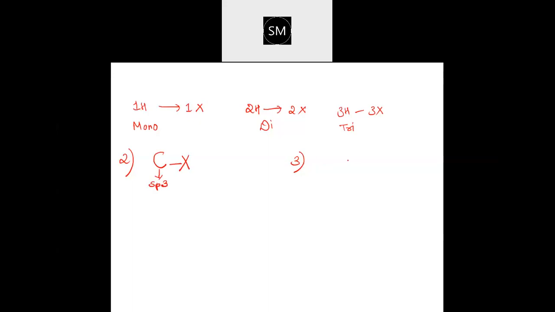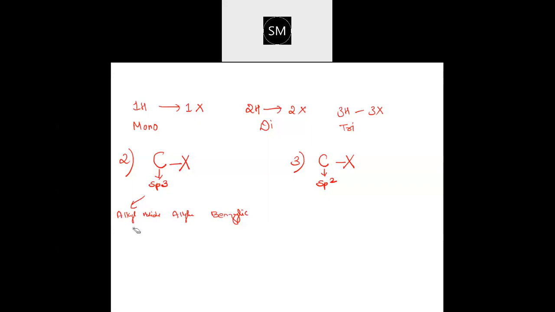And the third classification was where the halogen is attached to a carbon that was sp2 hybridized. Agree? In this you had three: one was alkyl halide, then we had allylic halide, and then we had benzylic. So these were the three.